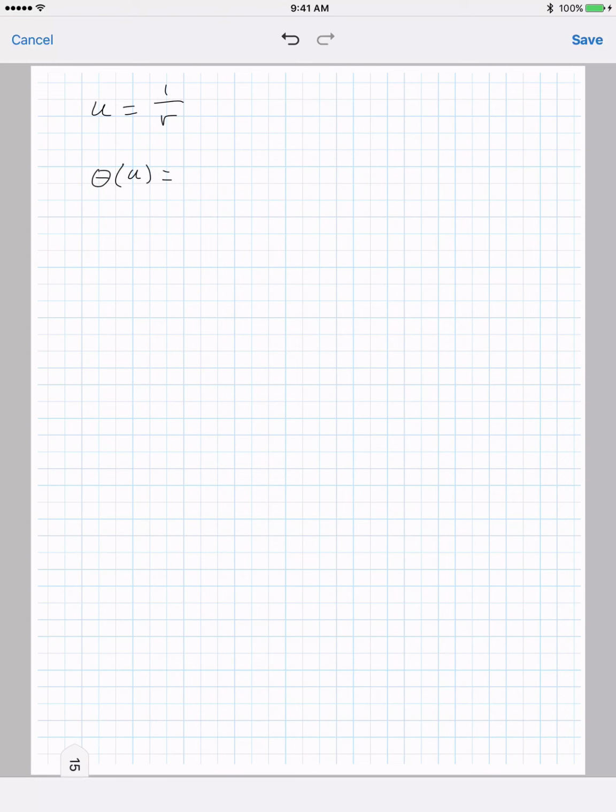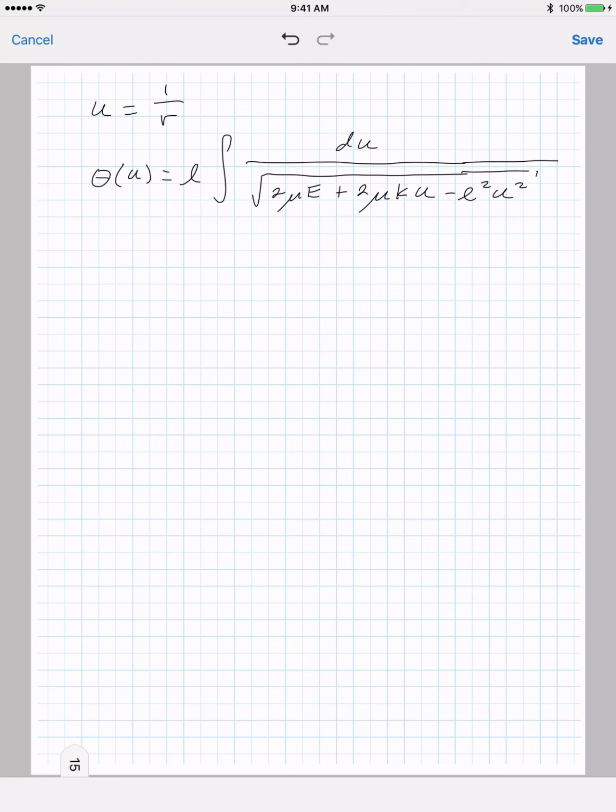I'm going to pull out the angular momentum, got the integral of du, and then over square root of 2 mu E plus 2 mu ku minus L squared u squared, and then plus pi over 2.